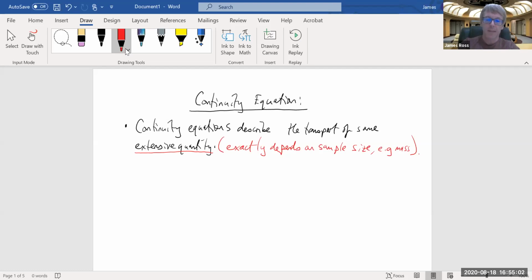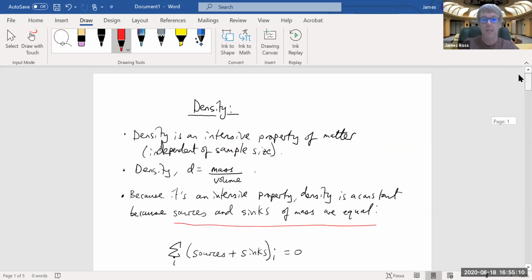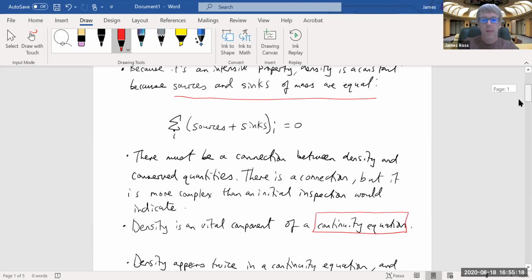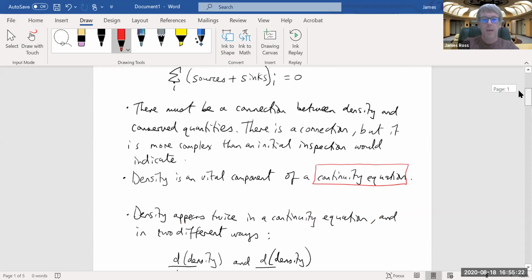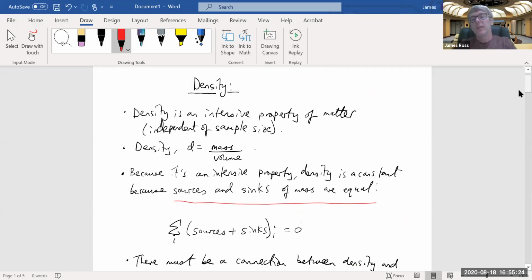Density is an intensive property. So how on earth can we use a continuity equation for density? Well, remember what we said. We did indeed say that density was an intensive property up here. But then we said somewhere, I don't think I wrote it down, but the density we're talking about here is mass density.